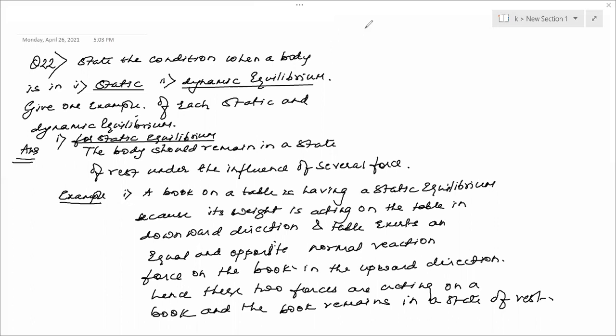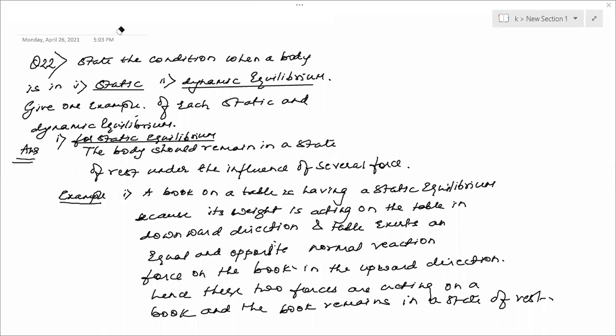Dynamic equilibrium. For dynamic equilibrium, there is no place, children, but anyhow, I'll try to squeeze it in here.